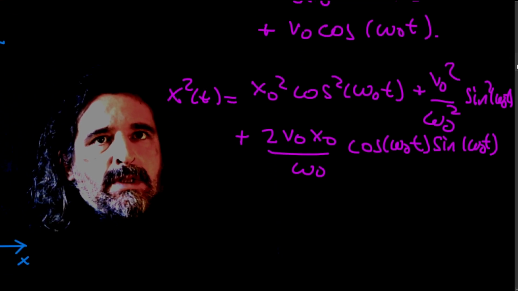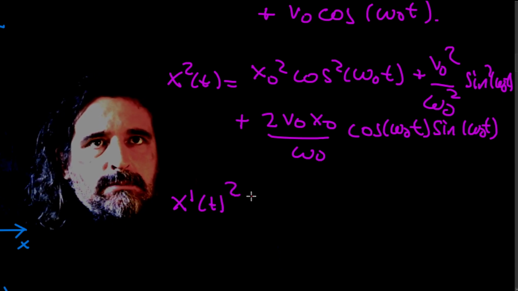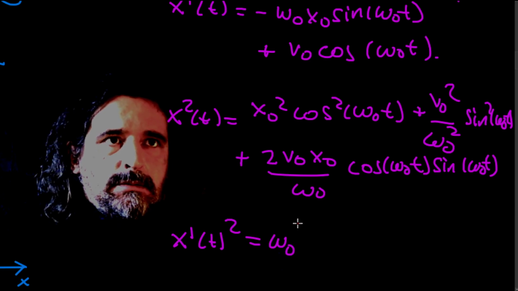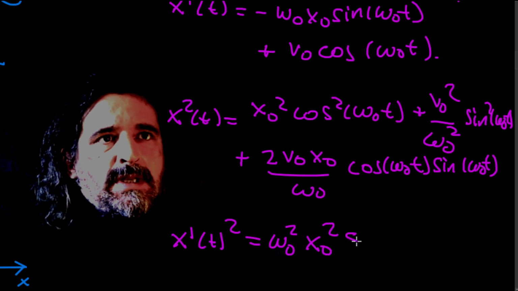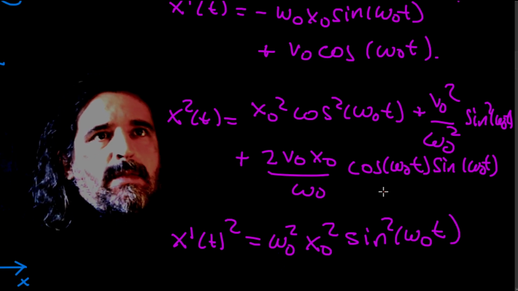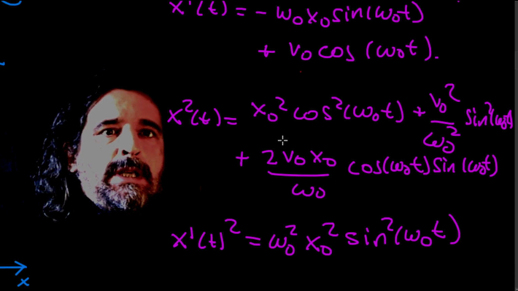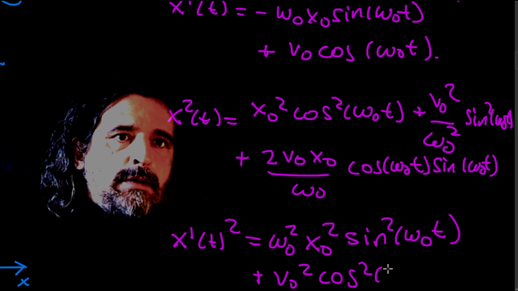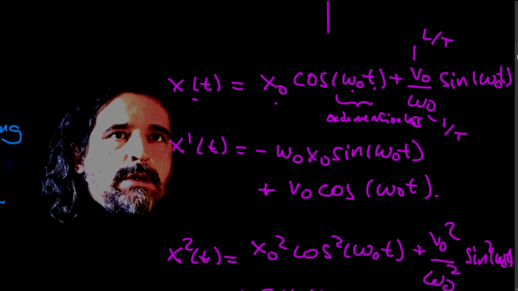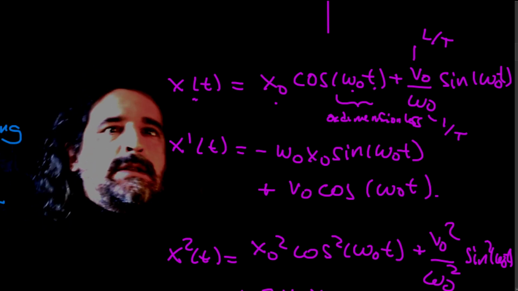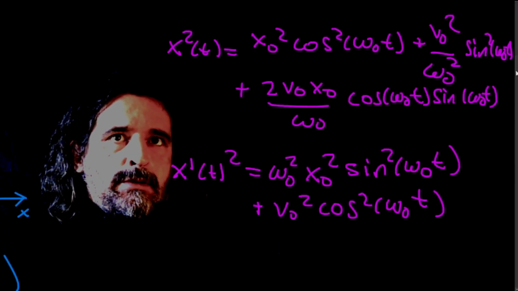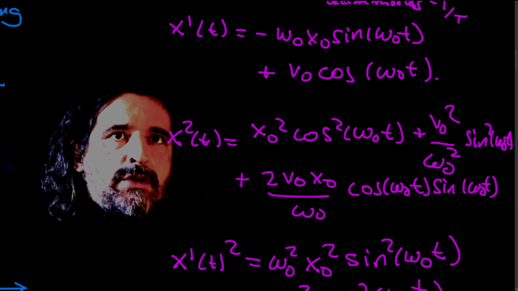Let me square x prime of t. So that is equal to omega naught square x naught square sine square of omega naught t plus v naught square cos square omega naught t plus, which is in fact a minus twice this times that.